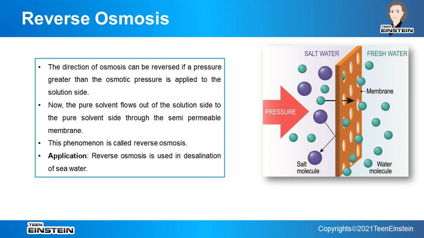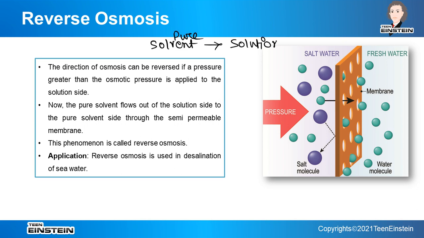Now we know what is osmosis, but what is reverse osmosis? From the name we can understand that the movement of the particles will be from higher concentration to lower concentration, because in normal osmosis we have seen that water molecules move from the pure solvent towards the solution.